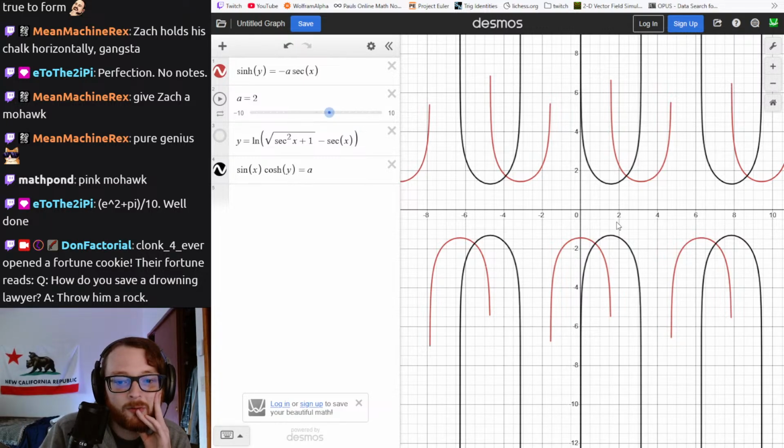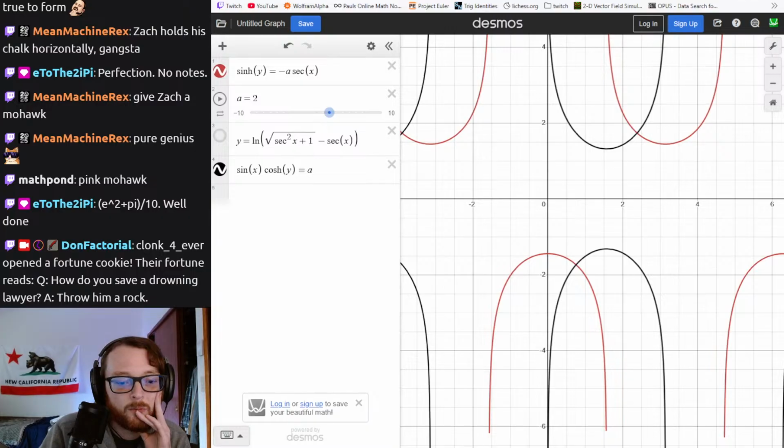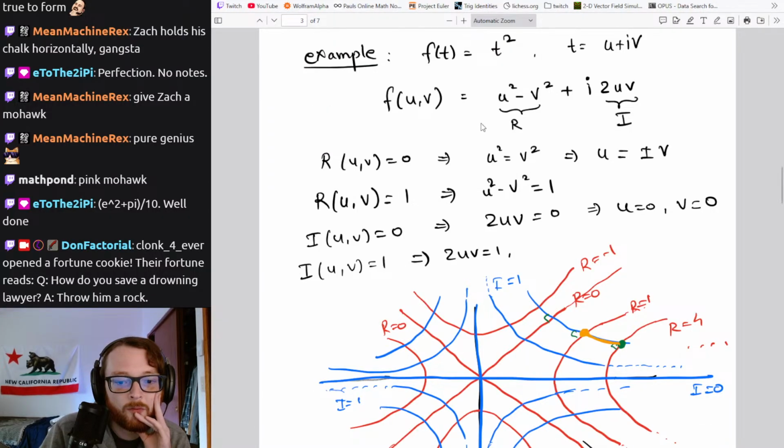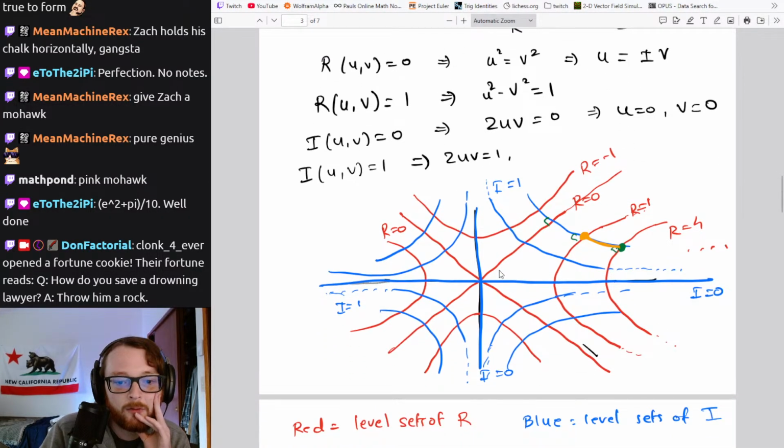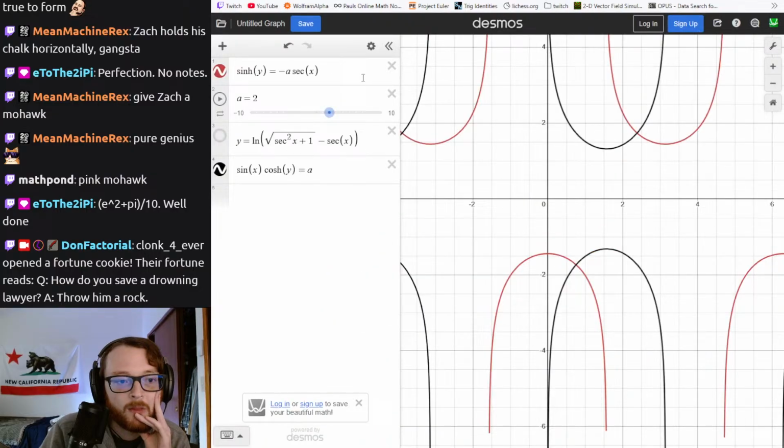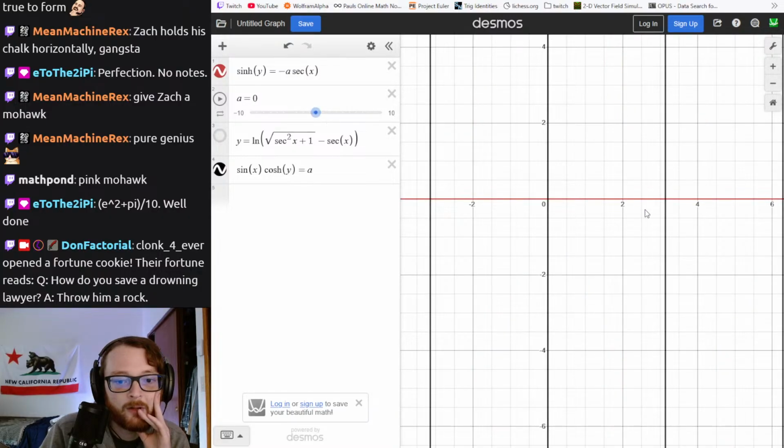What am I trying to do? We want to travel along the parts where the real part is constant, which is also the red ones here. We want to get from 0 to pi, but not along the obvious straight line way.